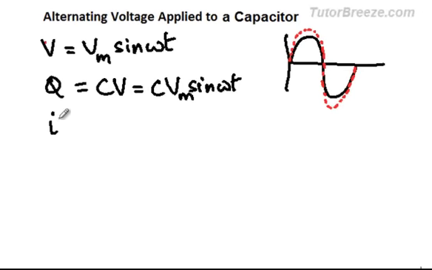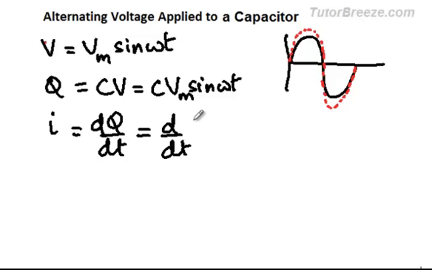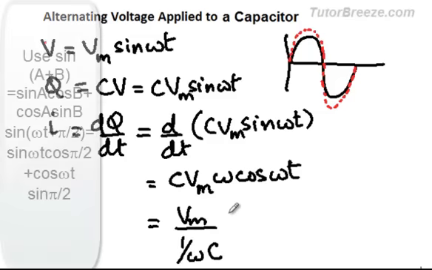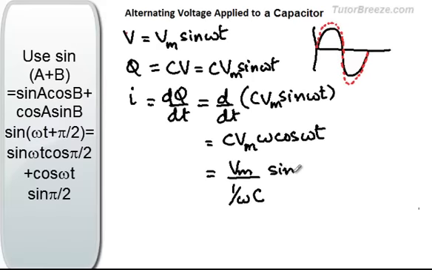Next, we can write I as dQ over dt. Since the current is given by the variation of the charge, differentiating the charge, we get, since C and Vm are constants, omega times cos omega t, and now we are going to write this as Vm over 1 by omega C times sine omega t plus pi by 2.